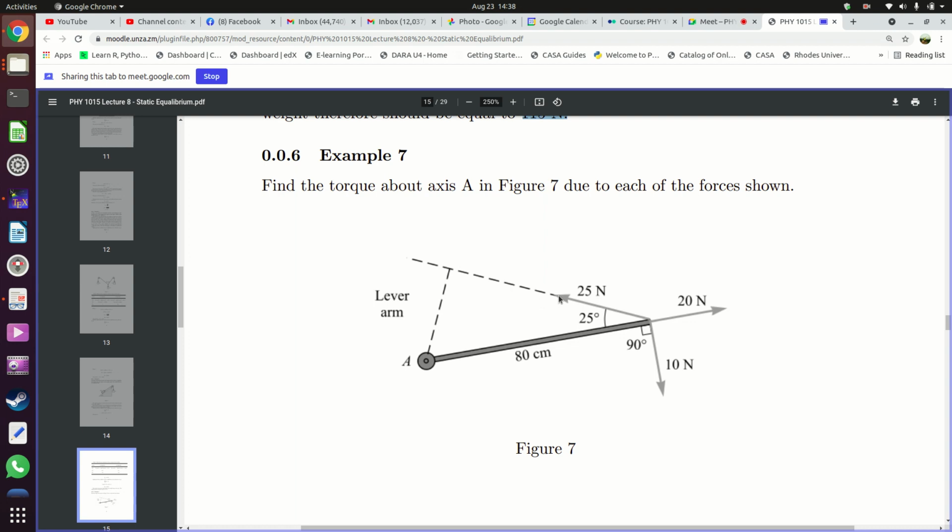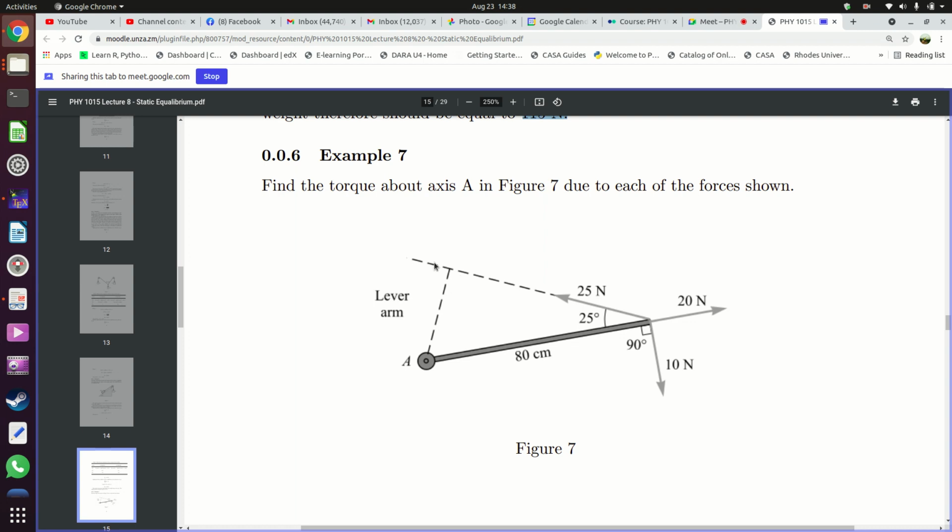Now, if this is the line along which the force is acting, then you decide to draw a line from the pivot up to the line of action of the force, which is this line. Then you meet this line at an angle of 90 degrees. This angle here.